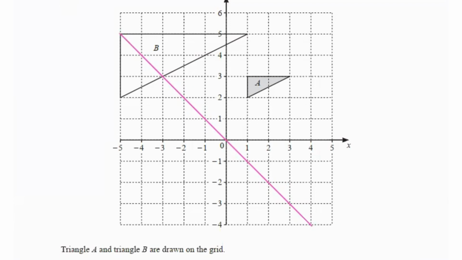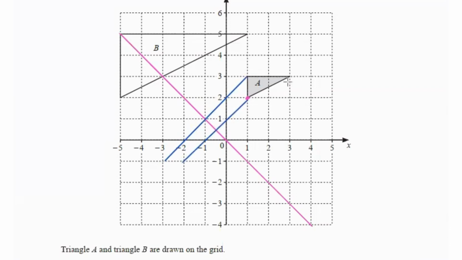And the reflection in this is going to be 1, 2, 1, 2, 1 half, half, 1.